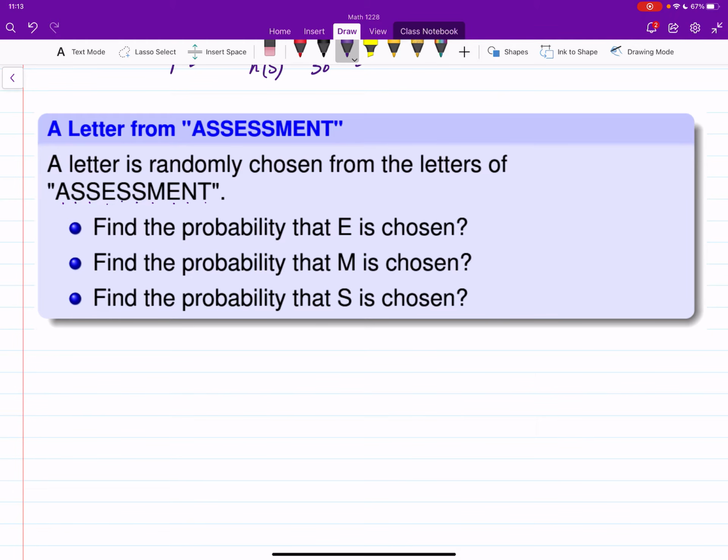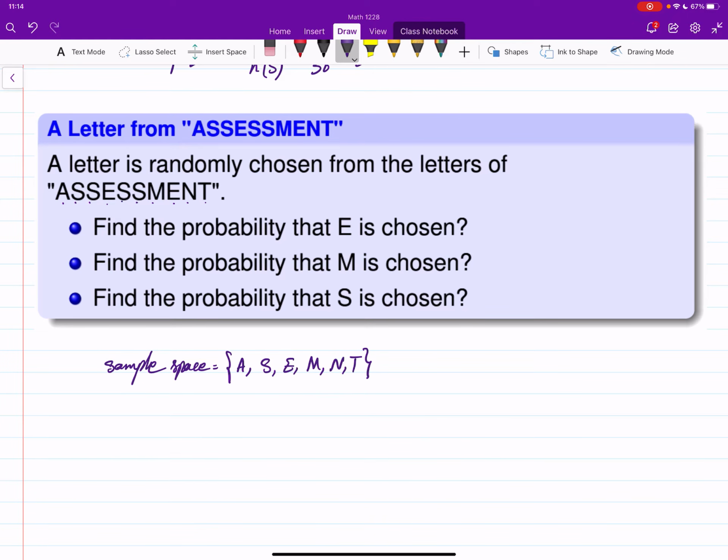And we are trying to find the probability that E is chosen or M is chosen. Here, the first thing that comes to mind is to look at the sample space. What are the possible letters here? A, S, E, M, N, and T.